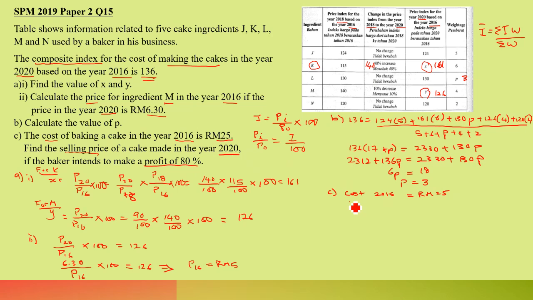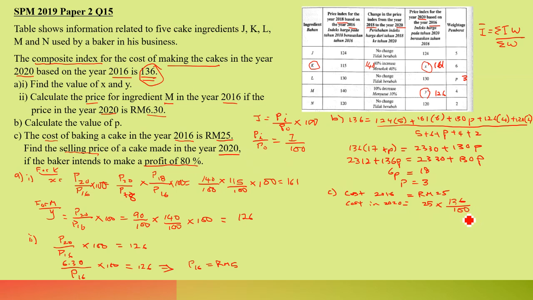So cost in 2020 will be 25. And what is the composite index? When you're using the whole thing, it's given to you 136 over 100. Okay, because the composite index for 2020 based on 2016 is given as 136 over 100.